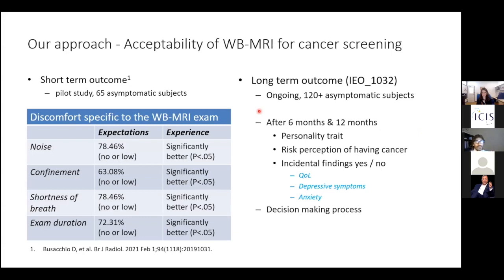We have a second oncologist working internally, and the preliminary observation is that when people undergo whole body MRI, there are a lot of bad expectations, and when they complete the examination, the experience in the majority of cases, in roughly 70% of cases, is better than the previous expectation.